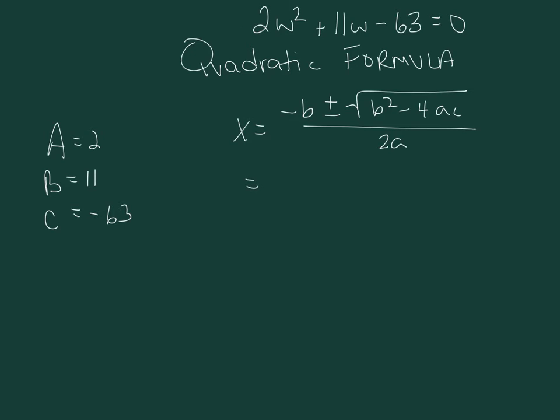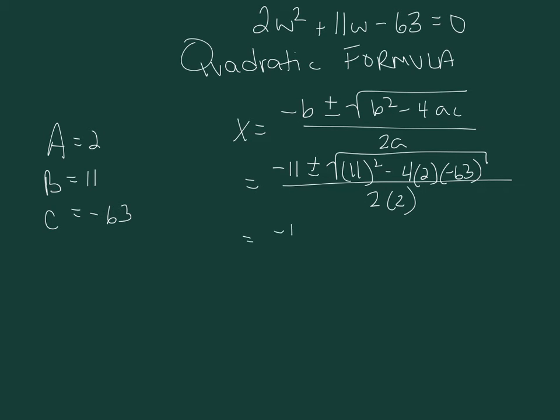It's going to be equal to negative 11 plus or minus the square root of b squared, so 11 squared, minus 4 times a times c. So this is going to be a huge number, and we are definitely going to want to use a calculator for that.